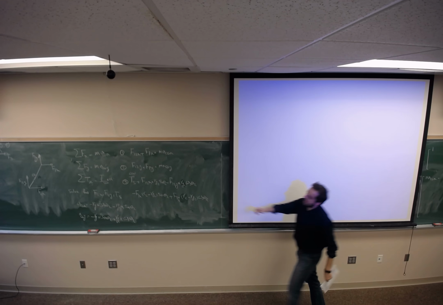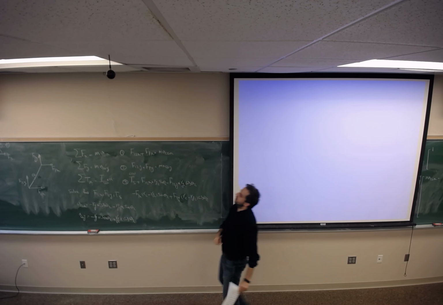And on the right hand side we are going to see m a cg x, minus Fpx, since I move it to the right side. Second equation 0 1 0, m a cg y minus Fpy.